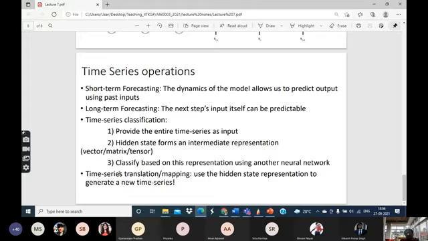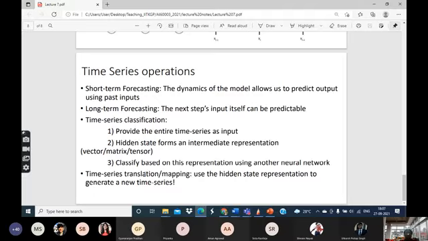And finally, time series translation or mapping. The problem is: given one time series, generate another time series, that is, map one time series to another. In natural language processing, this is the classic translation problem. Suppose I give you a sentence in language A, translate that sentence to language B for me.